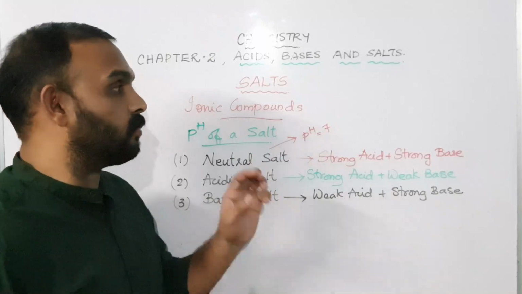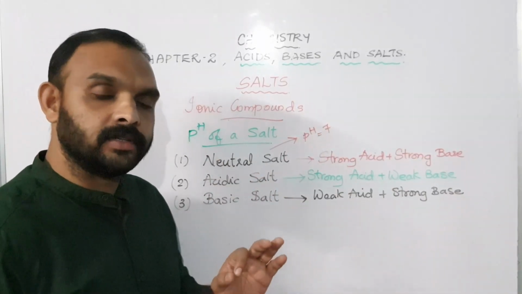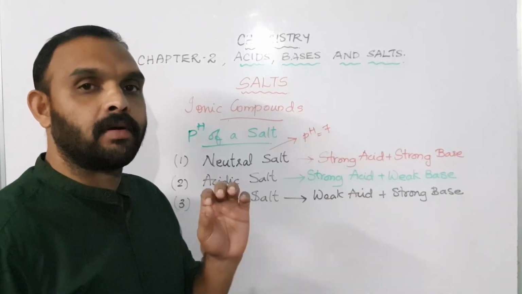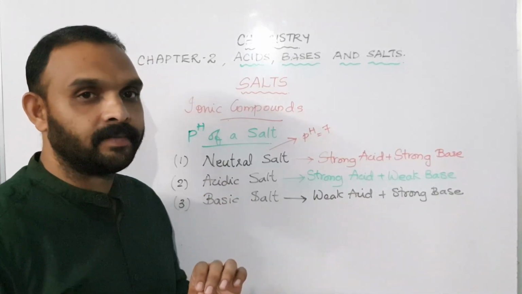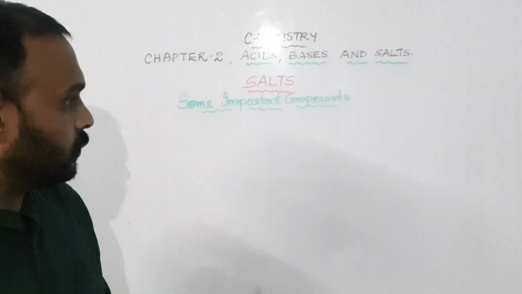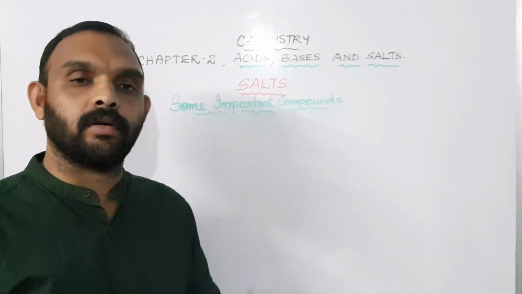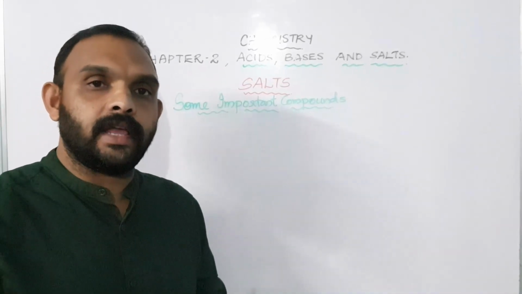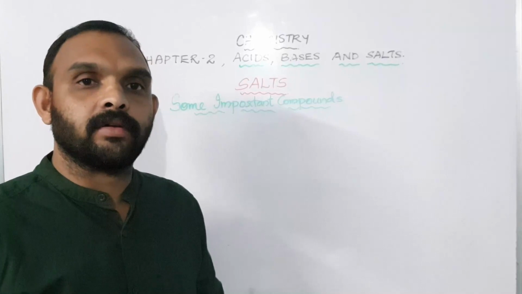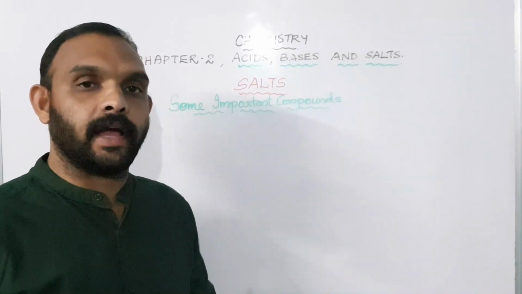Okay. Now we will move to the next topic, that is about some important compounds of salts. In this topic, we are going to study some important compounds, their preparation, properties and uses.